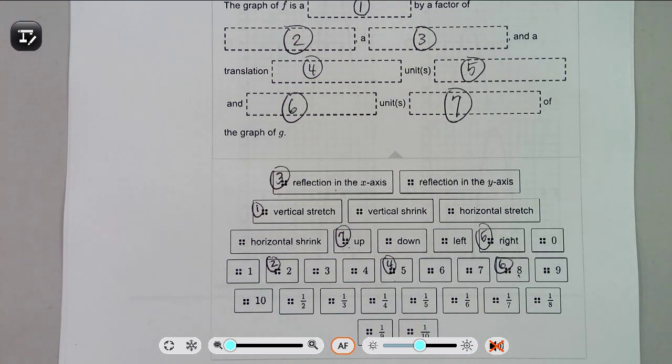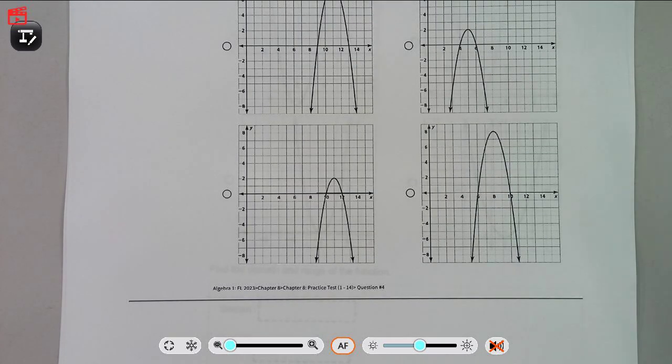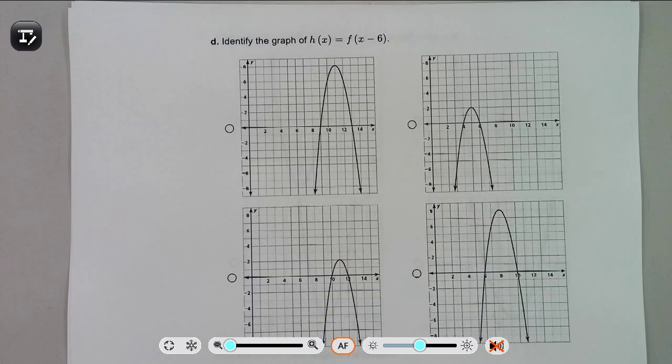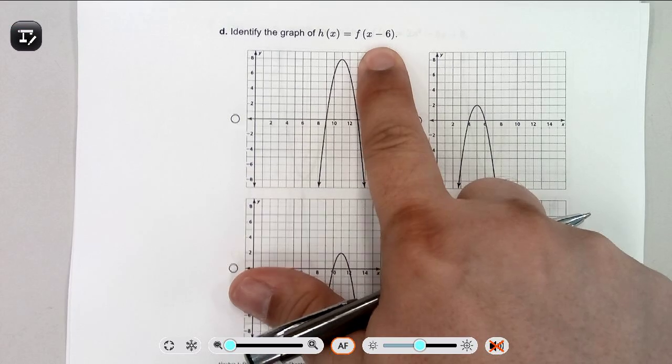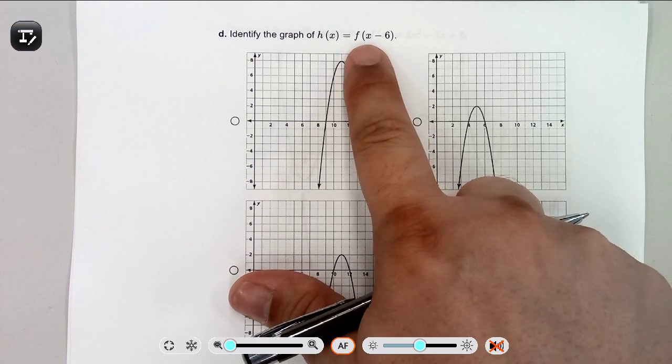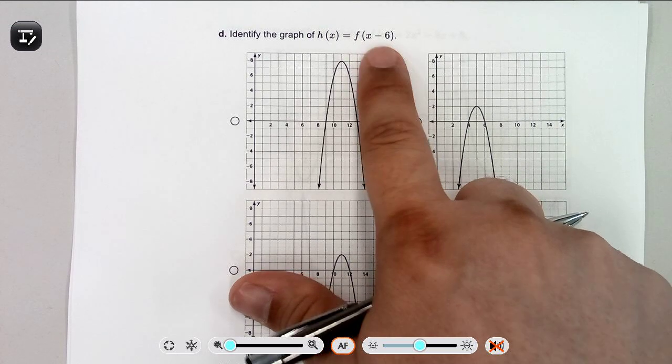A full description of how this function is changed from the parent. Letter D. Now we're going to take the original function and do this transformation to it. So this transformation says we're going to move it 6 units to the right.